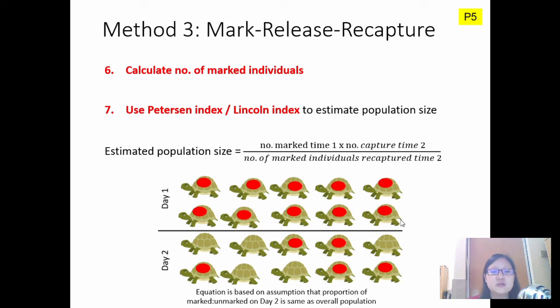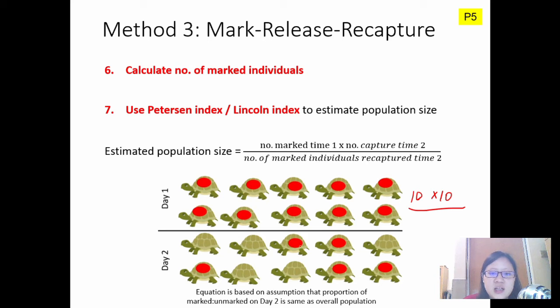So let's look at our tortoise example here. In day 1, you captured 10 individuals here. So number marked time 1 is 10. Number captured time 2 seems like 10 as well, just so happened. Not always the same, yeah.